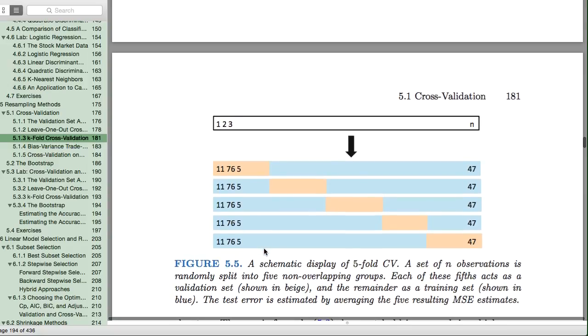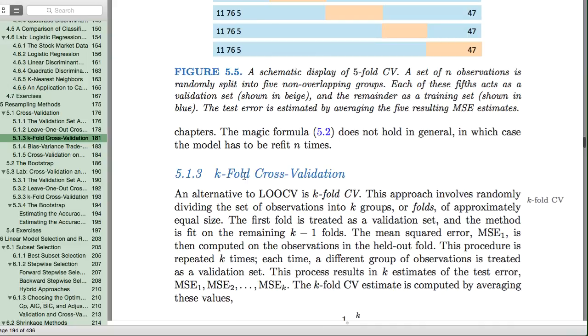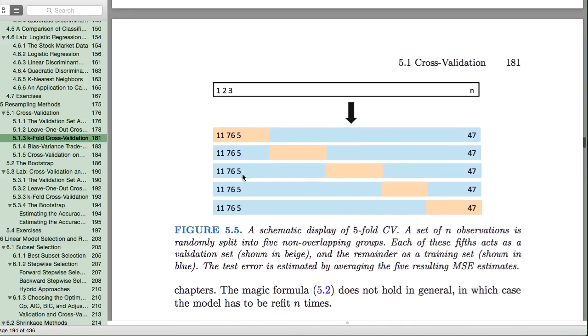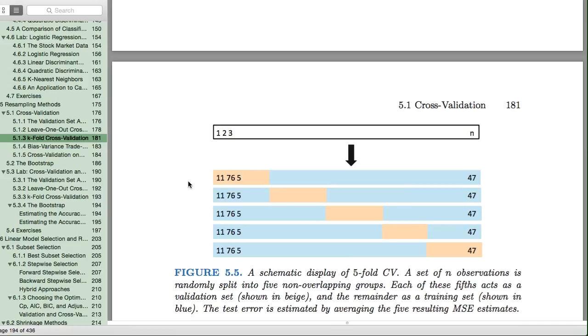So here is k-fold cross-validation, where k is some number. In the case of leave one out, k is n. Here is five-fold. We're leaving out a fifth of the observations, and so we run this 5 times. We have 5 training sets and 5 validation sets that act as if they're test data sets.